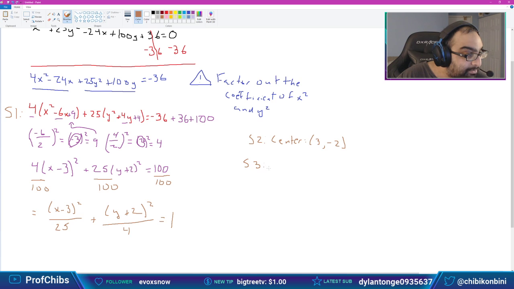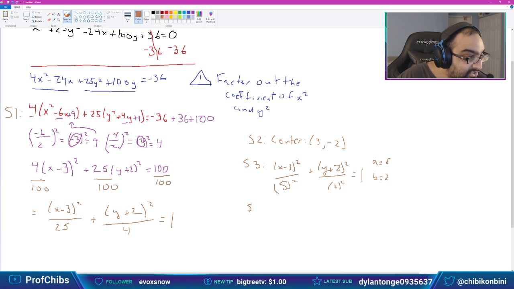Your third step here, for A and B respectively, you could write that out as x minus 3 quantity squared over 5 squared plus y plus 2 squared over 2 squared equals 1. So your A here would be 5 and your B here would be 2.